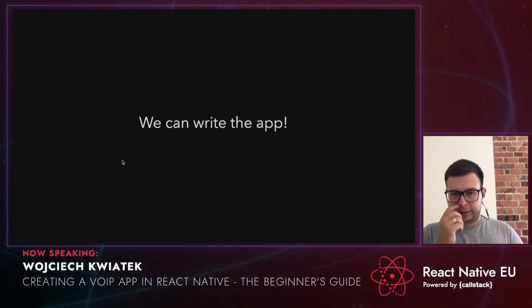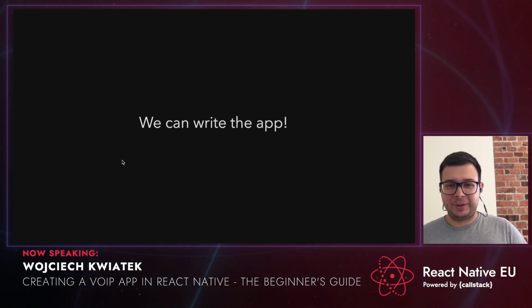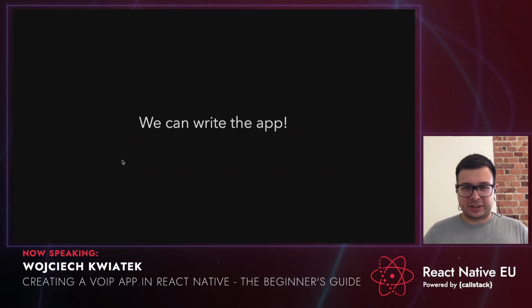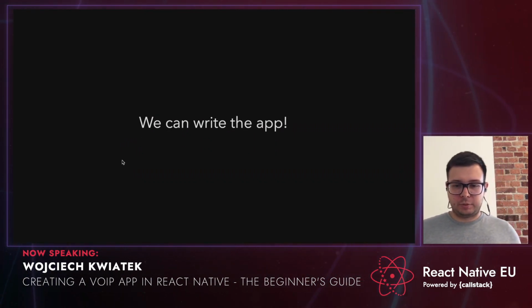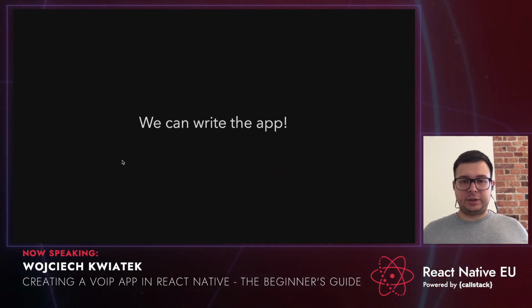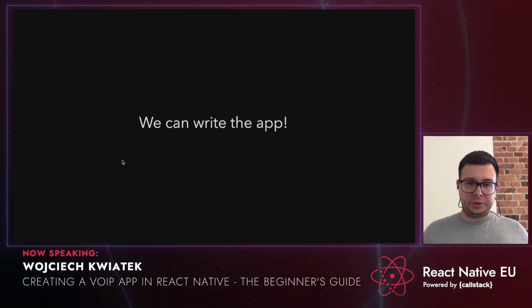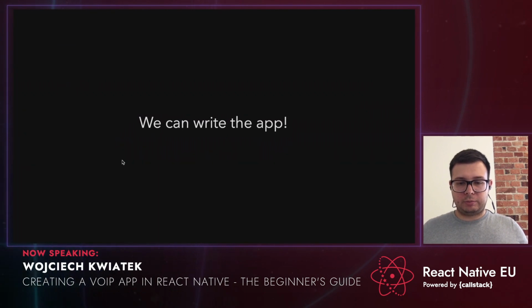Okay, so now it's time we can write the app, and that's true because after all of the steps, we can now make a connection between two apps, I mean, between two instances of the app. So between two users, we can send the voice, send the video, and all these technologies that we talked about up to this time should be enough.